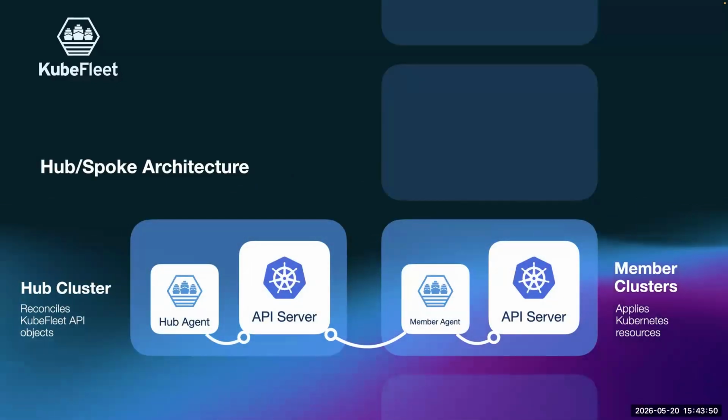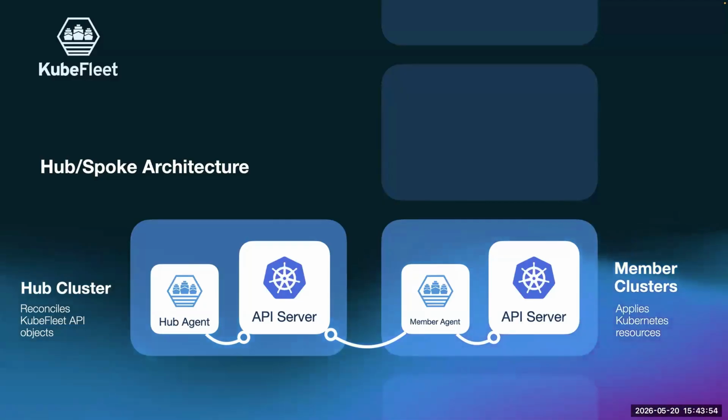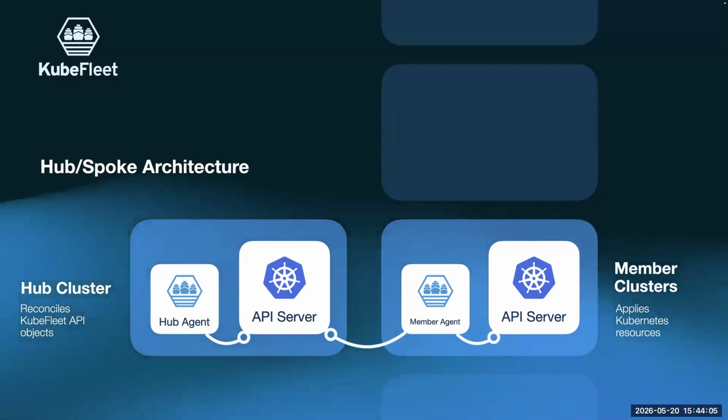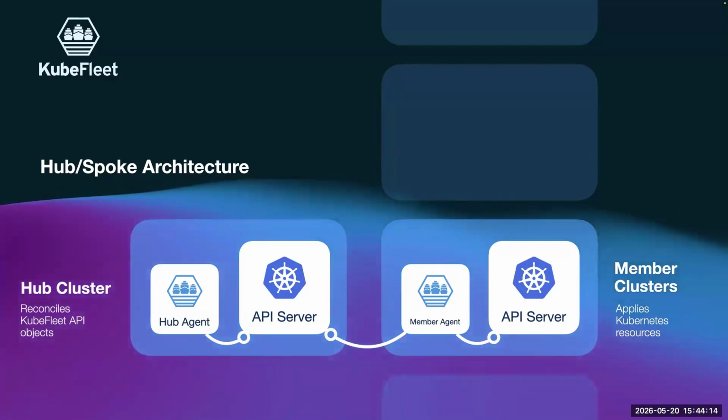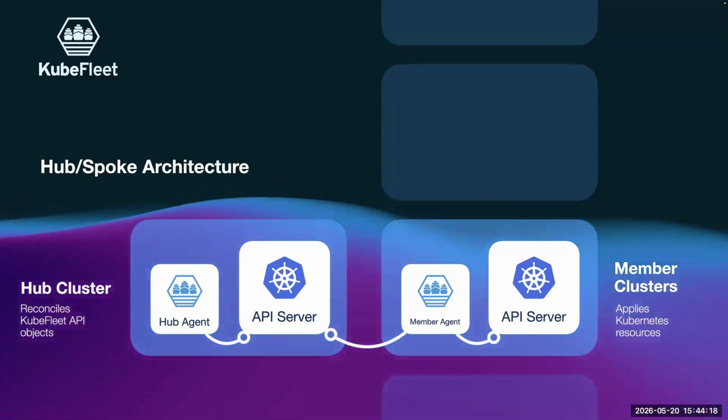And coming back to KubeFleet, as I mentioned, we are a multi-cluster management platform project, and at the core of our solution sits this hub and spoke architecture, which is a pattern also adopted in Karmada and OCM as well. Specifically in this architecture, every KubeFleet deployment comes with one hub cluster and a number of member clusters.